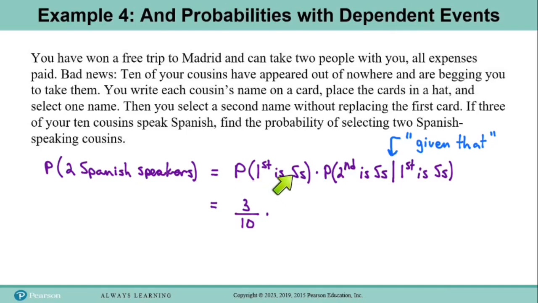But assuming that the first one was a Spanish speaker, there are now names of only 2 Spanish speakers left in the hat. So the probability that the second name will be a Spanish speaker is just 2 divided by 9. Okay, now you can enter this in your calculator. In fraction form, you would get 1/15, but in decimal form, this would be approximately 0.07.